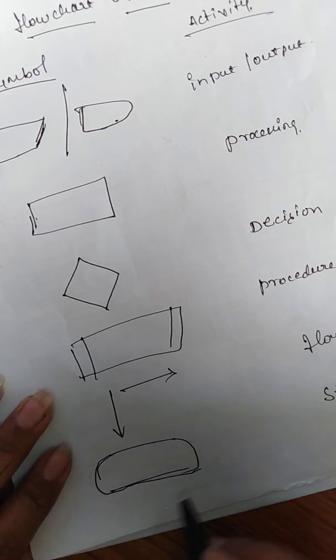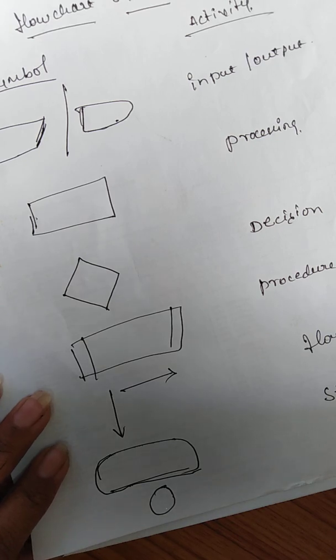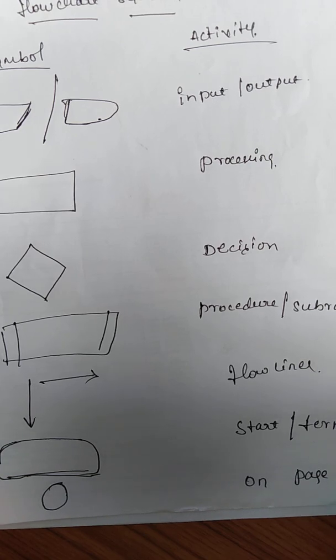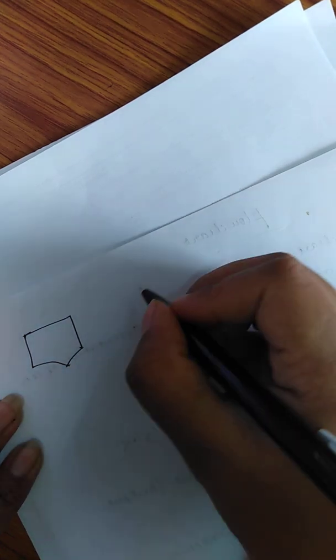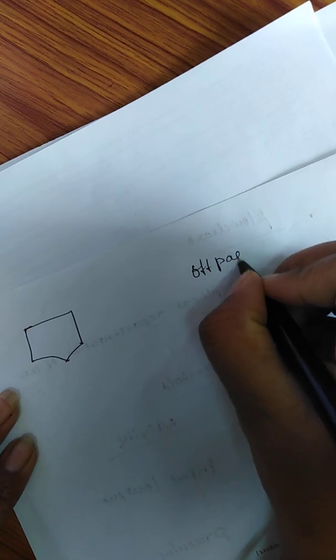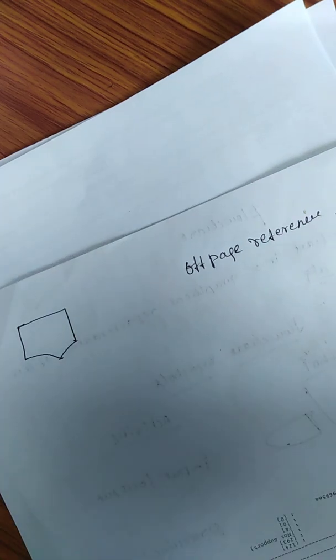This circle is the on page connector. And our last symbol in your flowchart is the off page reference.